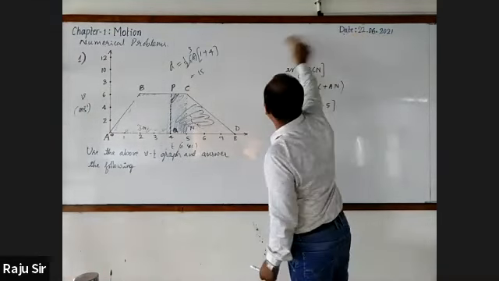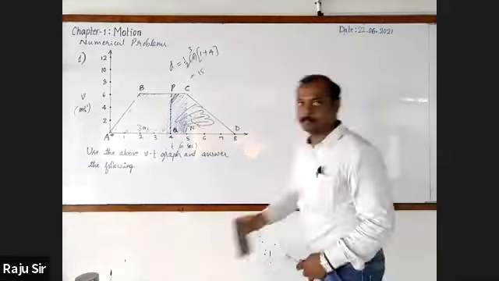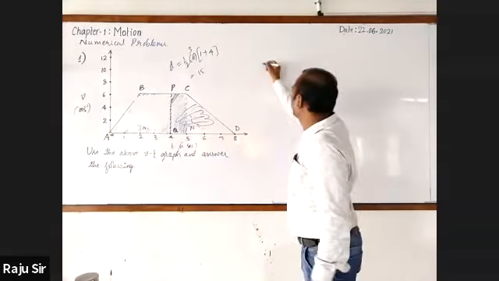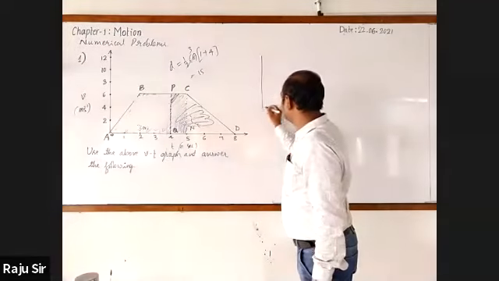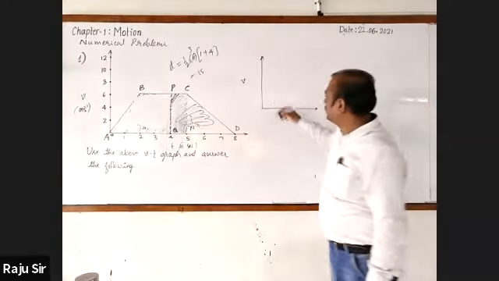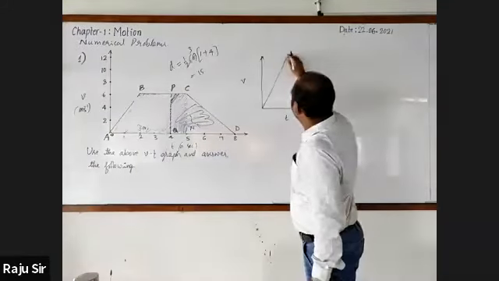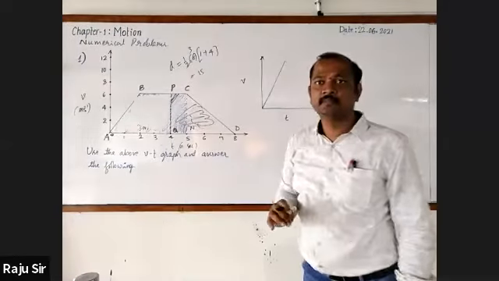Again, regarding the VT graph only, just observe. It is a general question. This is V and this is T, the VT graph. What does this line indicate? Uniform acceleration.